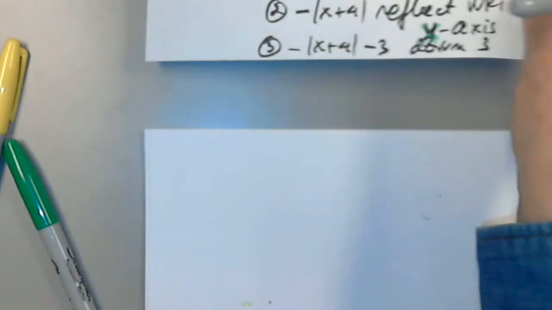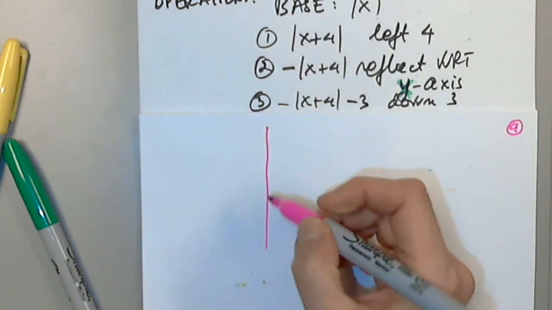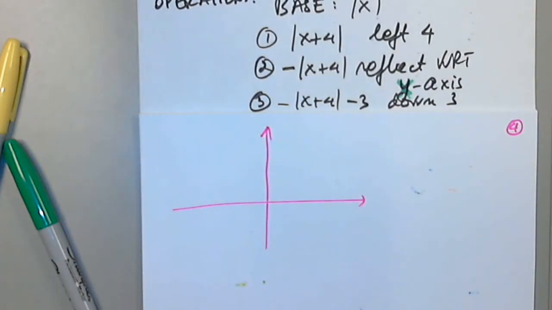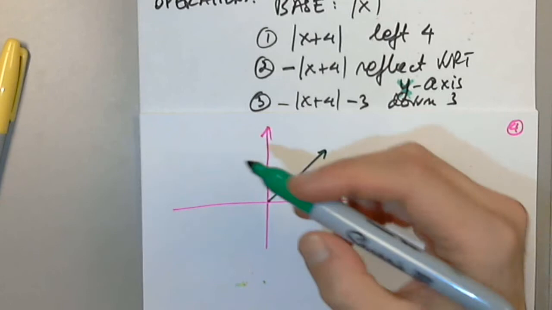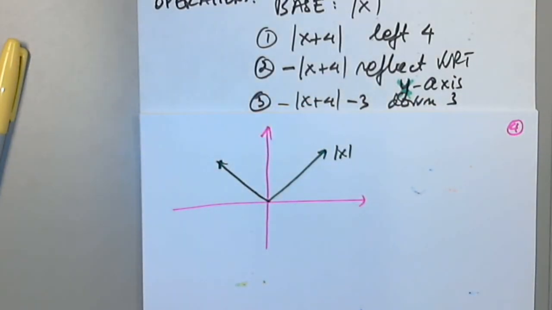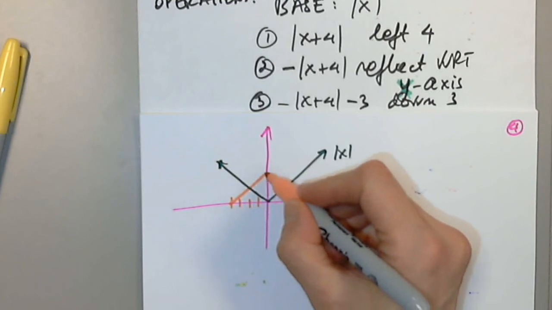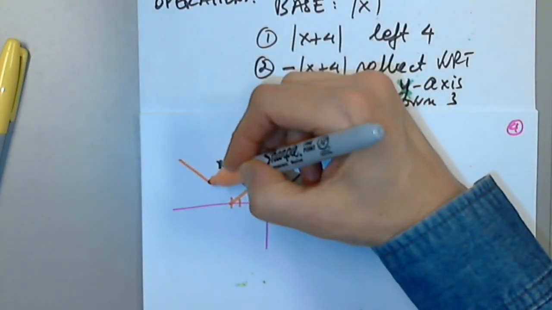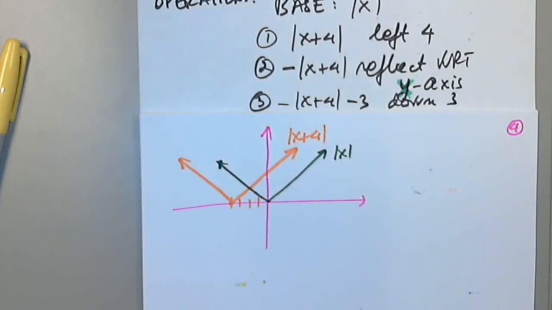Thank you. Good. So now let's graph all of them on the same coordinate system and move on to the last one. So I graph the base function, which is the absolute value of x. Then I shifted, as you told me, 4 to the left. So this is the absolute value of x plus 4.